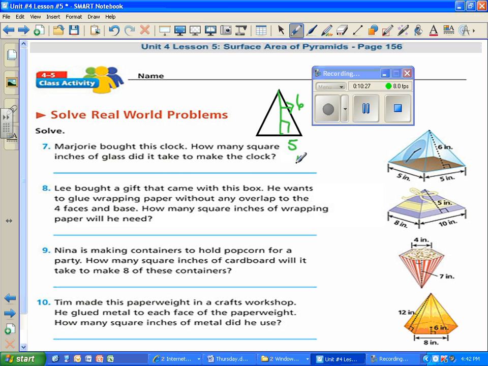So 1/2 of 6 times 5, which would be 15. How many do we have? Well, it's a square, 5 inches by 5 inches, so this will be 4 faces, so we have 4. So we take that times 4, and we end up with 60 inches squared.